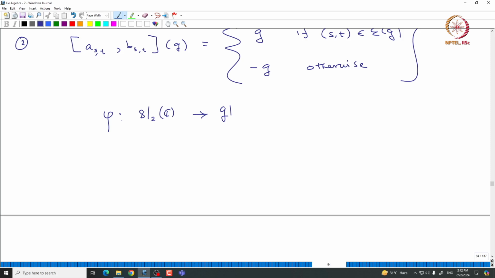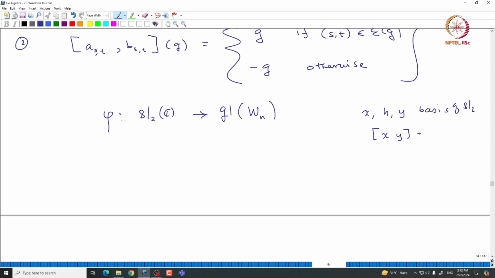They are X, H and Y, and we have to say how they act. If you are interested in defining this representation on GL of W_n, we have to say how one can define these representations.